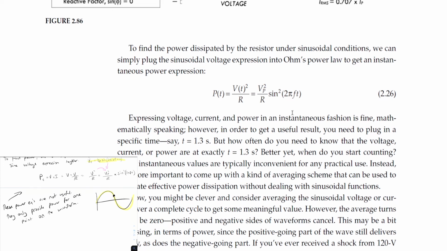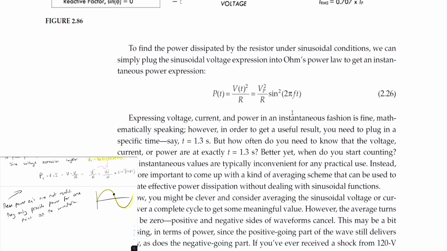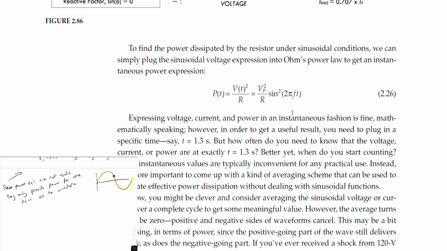So we want to use, okay, these instantaneous values are typically inconvenient for any practical use. Instead, it is more important to come up with a kind of averaging scheme.